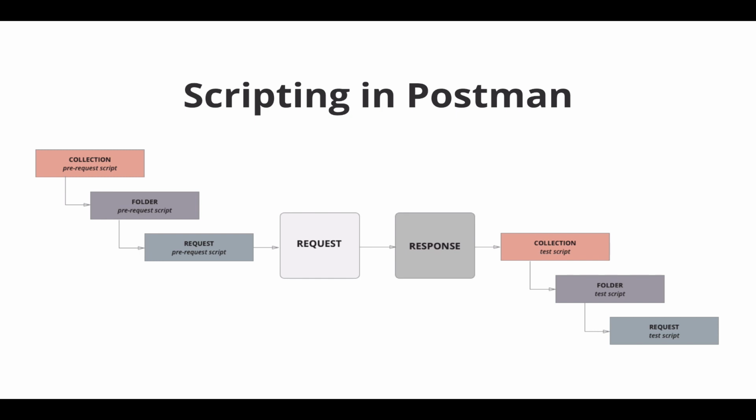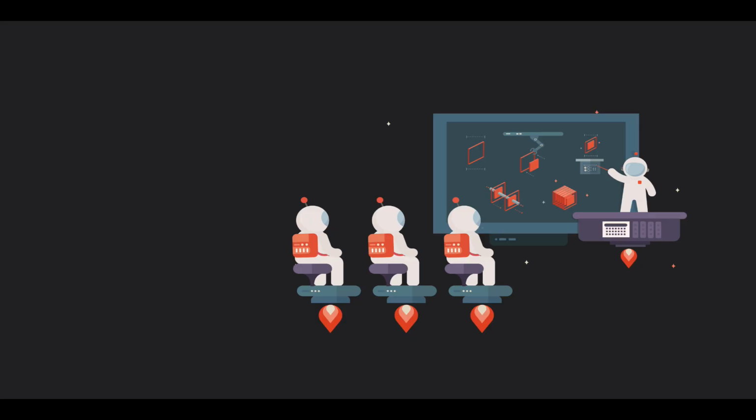And then just before the request is sent out, we will also run the pre-request script that is defined at the request level. Now the request would go out, and after the response comes back, we would run the test scripts in a similar order. We would start with the collection level test script, and then we would go to the folder level test script, and then finally we would execute the request level test script.